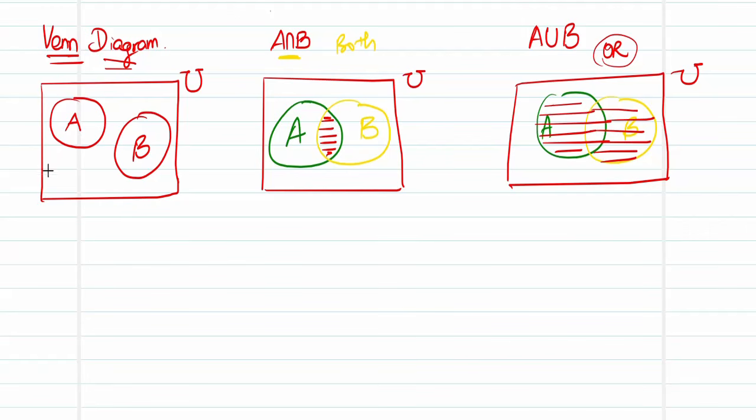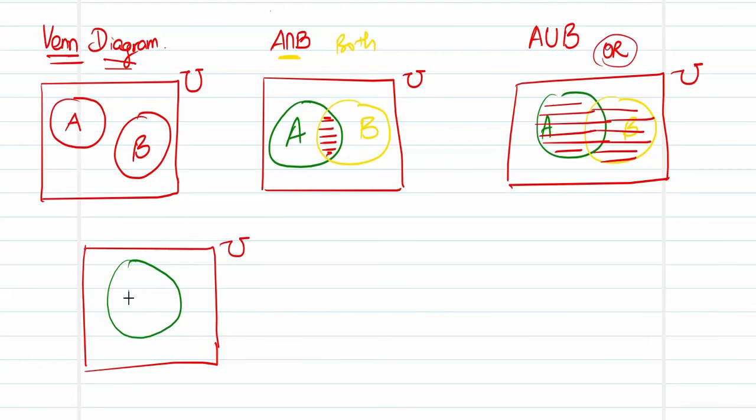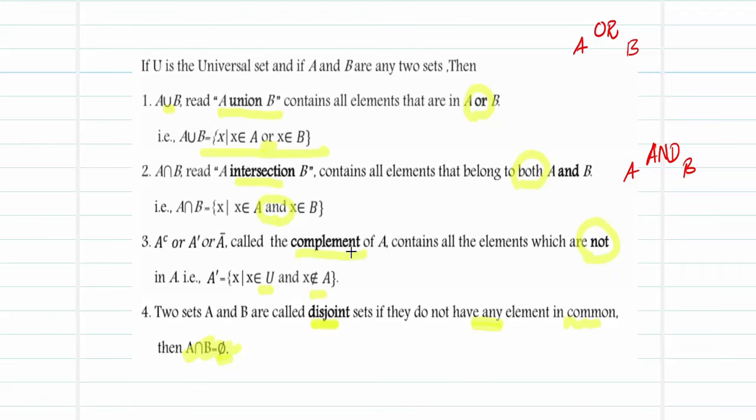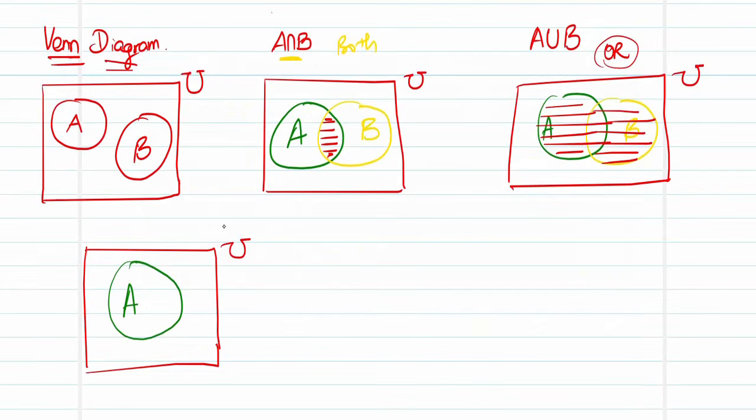And moving on to the third one, I have my universal set U, and this is going to be my set A. What is the third operator which we saw over here? You call it complement. Elements that are in your universal set but do not belong to A. They are a portion of the whole but not in A. So where are they going to lie?